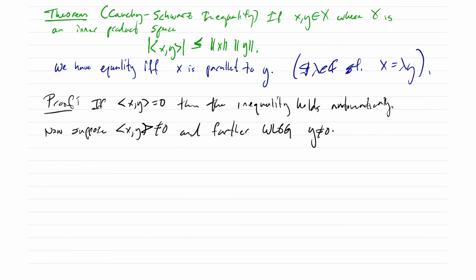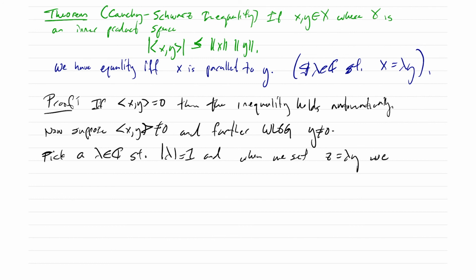Now we're going to pick a lambda in C such that the absolute value of lambda is equal to 1, and when we set z equal to lambda y, we get that the inner product of x and z is equal to the absolute value of the inner product of x and y.